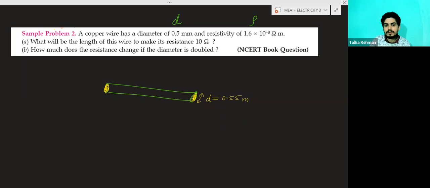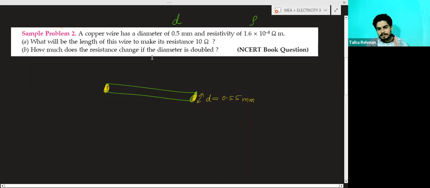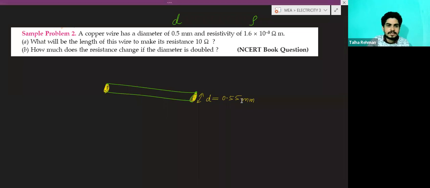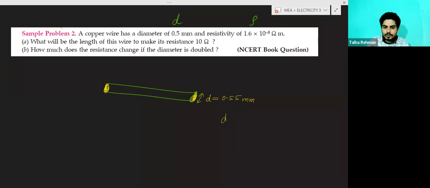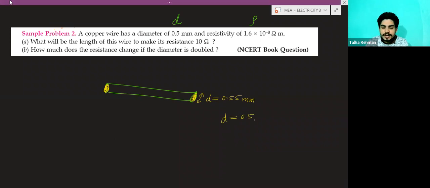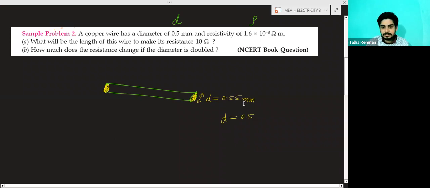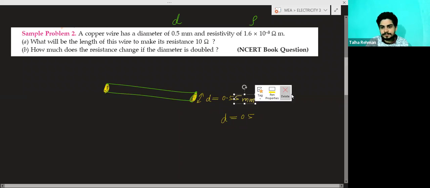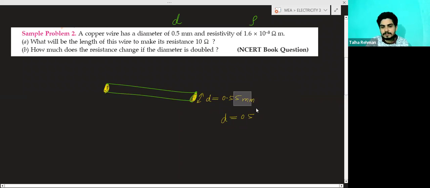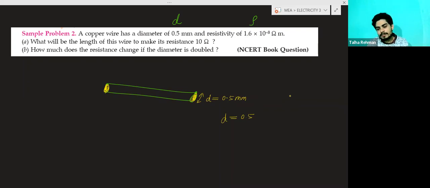mm. First convert the millimeter into meter. Mm means millimeter. So diameter is 0.5 mm. First we will convert this millimeter into meter.